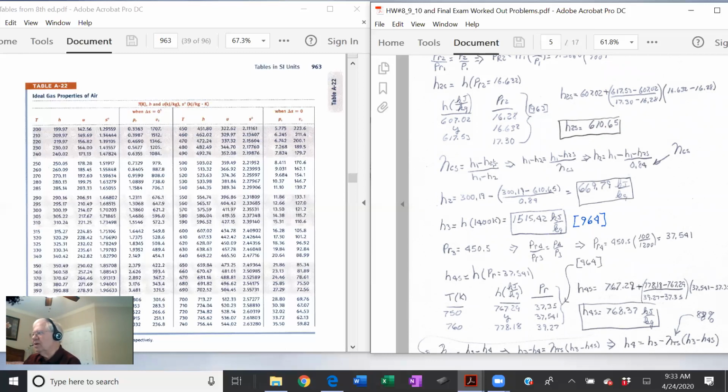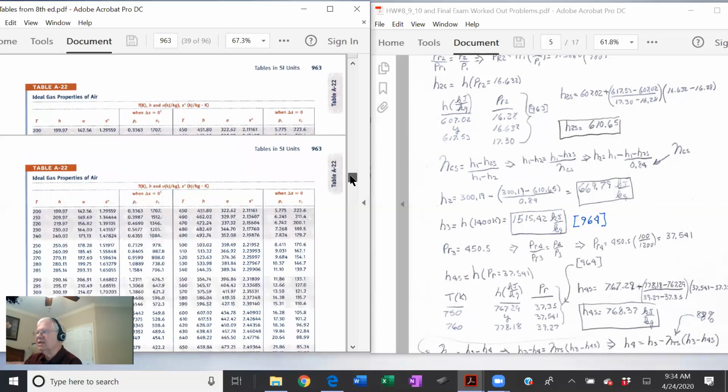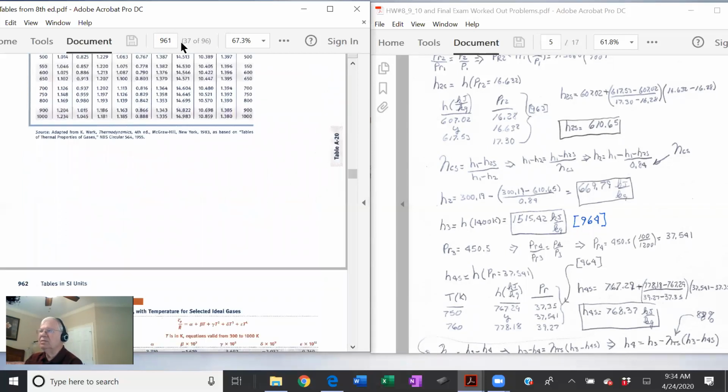I know H1, I've calculated H2S, I'm given the compressor efficiency of 84%, 0.84. So I just solve that equation for H2, and I get, hopefully I did it right, 669.79. So I've got H1, I've got H2, I got H2S, I need H3. Whoops.